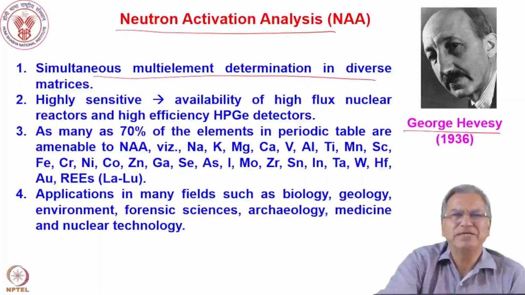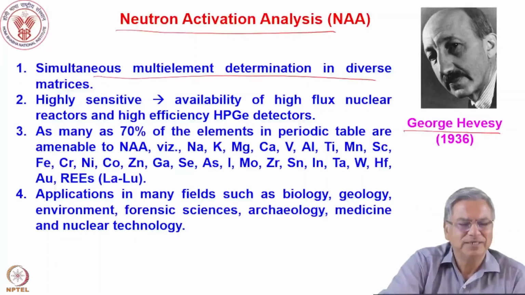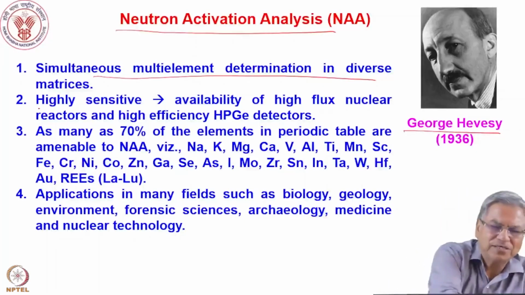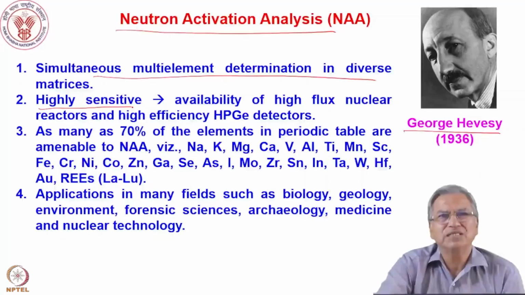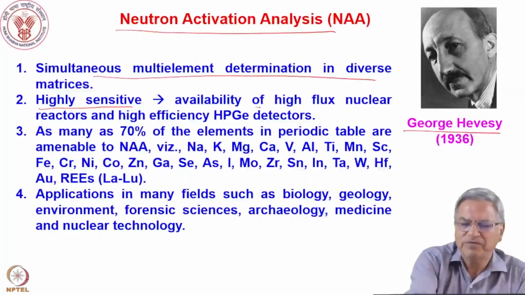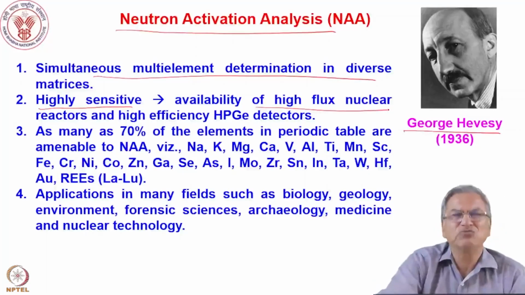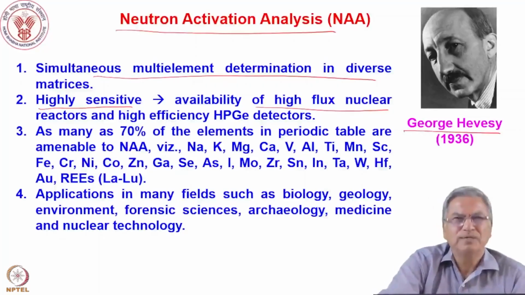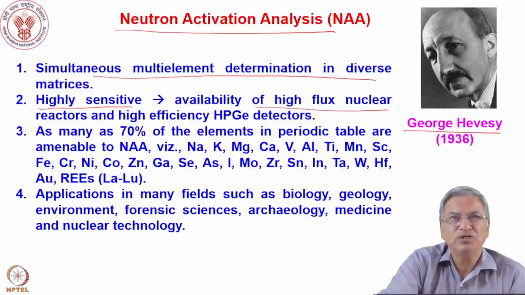And diverse matrices can be studied by neutron activation analysis. It is highly sensitive because the signal that you get in terms of the gamma rays, you get high yield, particularly nowadays with the availability of high flux nuclear reactors. So the reactors these days give neutrons of the order of 10^13, 10^14 neutrons per centimeter square per second.